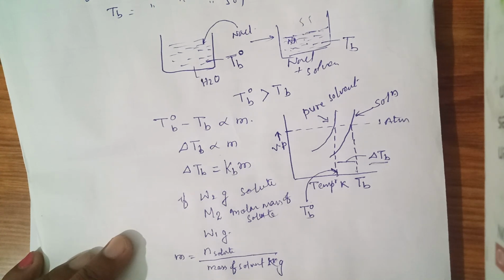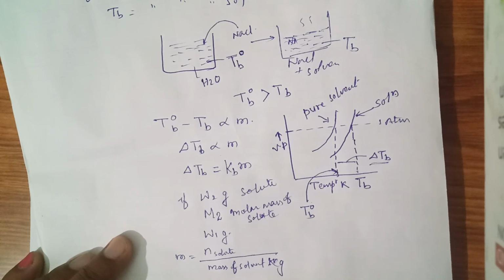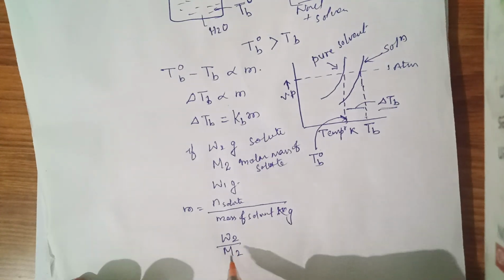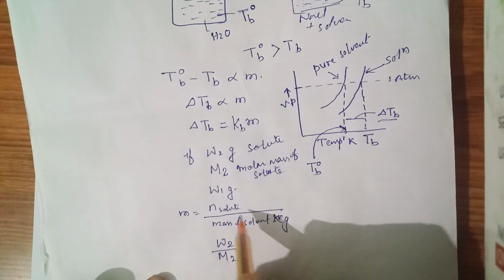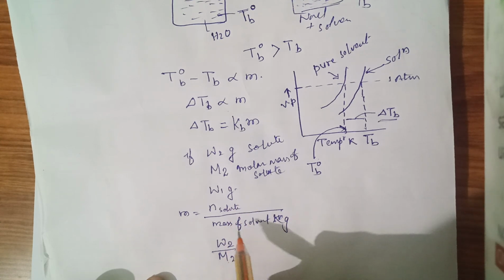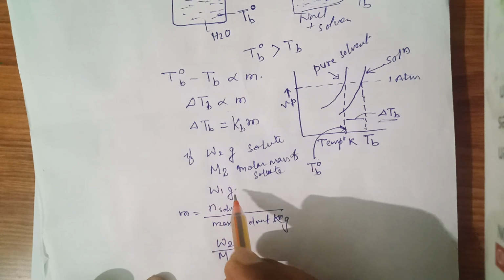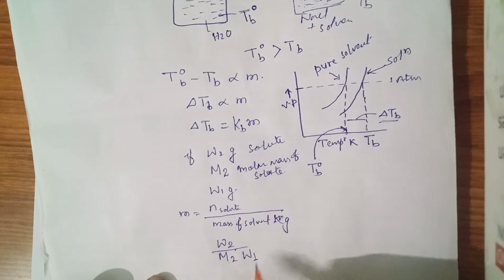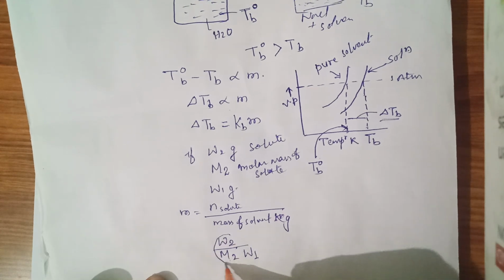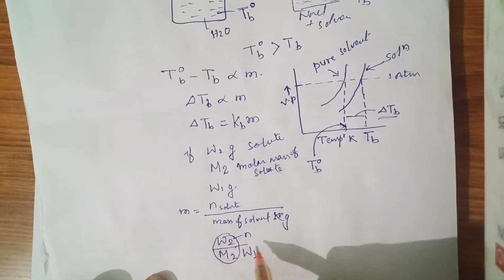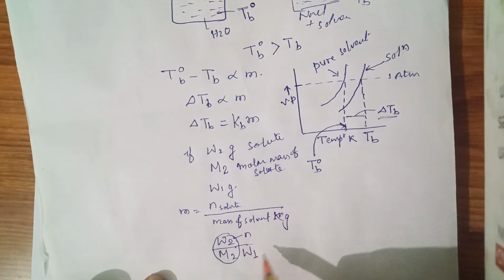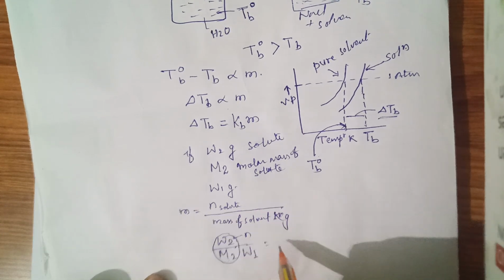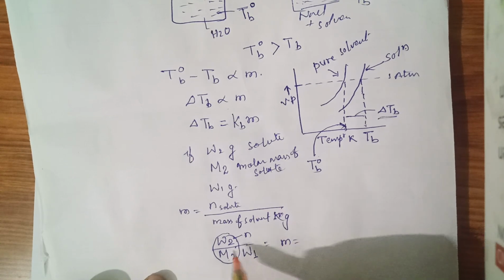So by putting all these values, we can find the molality term. Molality will be equal to W2 upon M2, this is the number of moles, and the weight of the solvent is W1 gram. Suppose this is in kg, then we get m equal to the number of moles of solute.